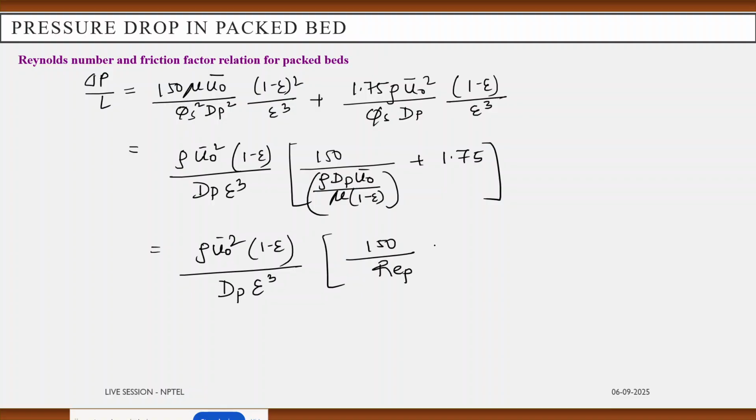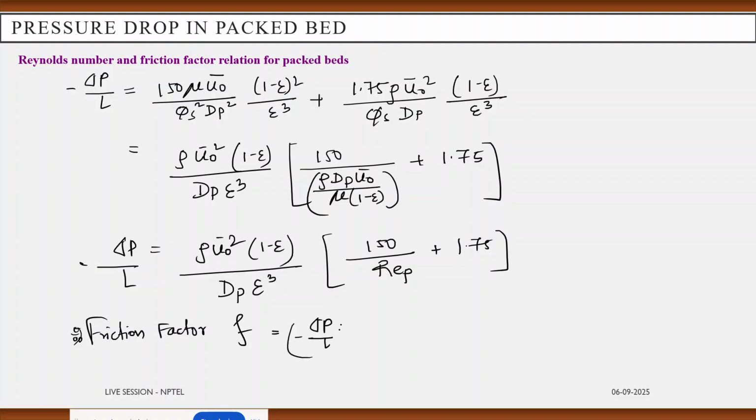This is known as the particle Reynolds number. And now the friction factor is denoted as del P by L into dp by rho u naught square, times epsilon cube by (1 minus epsilon).